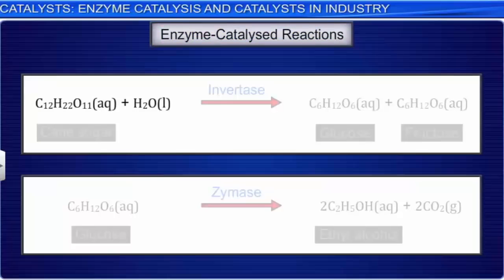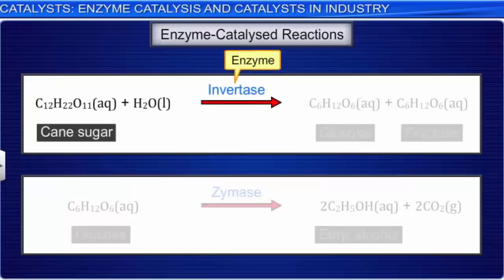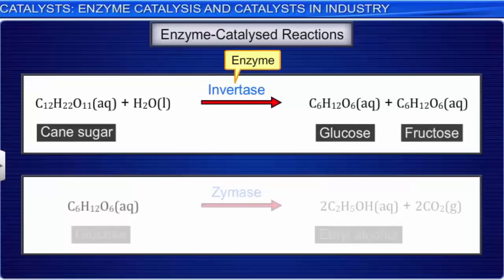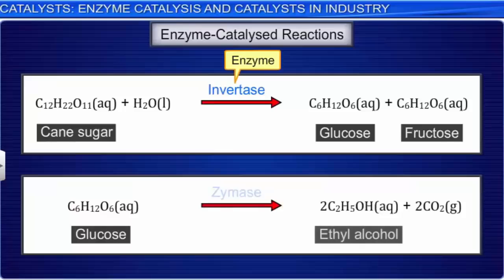In the hydrolysis of cane sugar, the enzyme invertase converts cane sugar or sucrose into glucose and fructose. In the enzyme-catalyzed reaction of conversion of glucose into ethyl alcohol, the enzyme zymase is used.